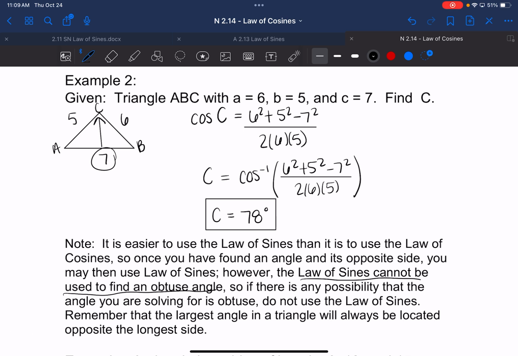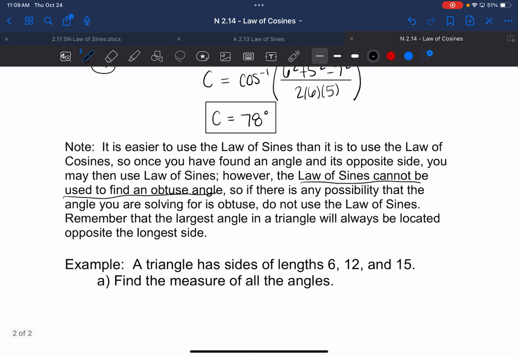So, you have to use Law of Cosines if you don't have a matching pair, or it may not work if you're trying to find an obtuse angle. So that's when we've got Law of Cosines. But if I had to guess, we probably prefer Law of Sines because it's not such a long formula to plug into. So once you have what you need, you are more than welcome to go back and use Law of Sines to find all the extra pieces.